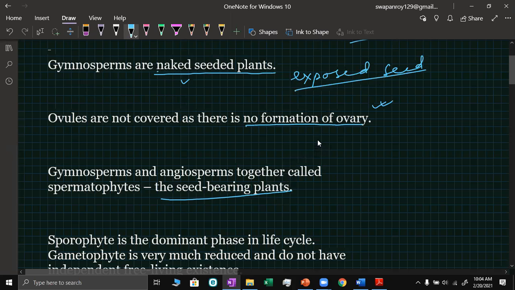These are vascular plants. They are phanerogams. Gymnosperm and angiosperm are phanerogams of the old classification.